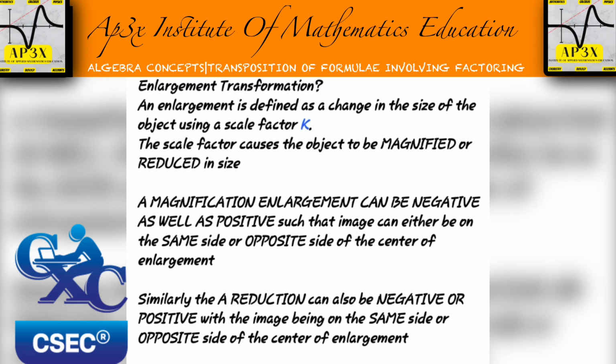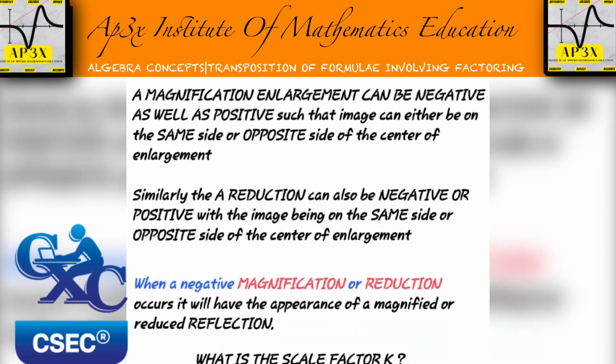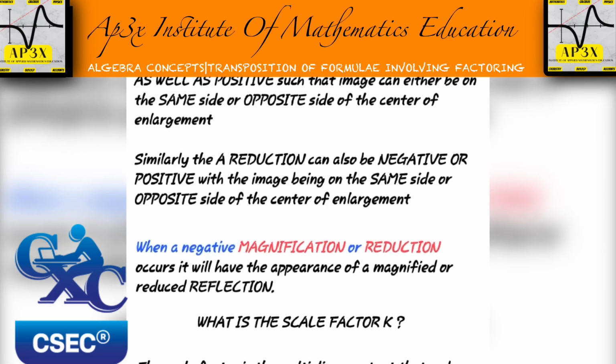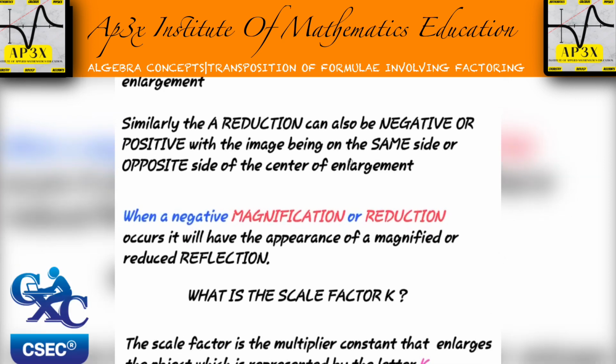So we have positive magnification, negative magnification, positive reduction, and negative reduction. We're going to dive into what causes the object to be negatively magnified, positively magnified, negatively reduced, positively reduced. Similarly, a reduction can also be negative or positive, with the image being on the same side of the center of enlargement.